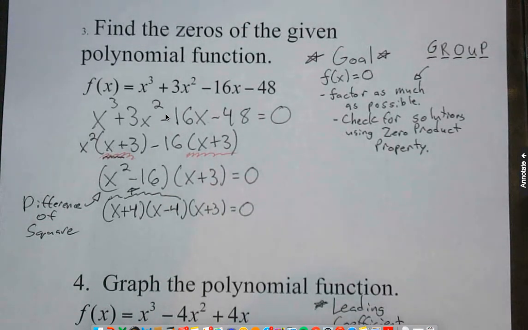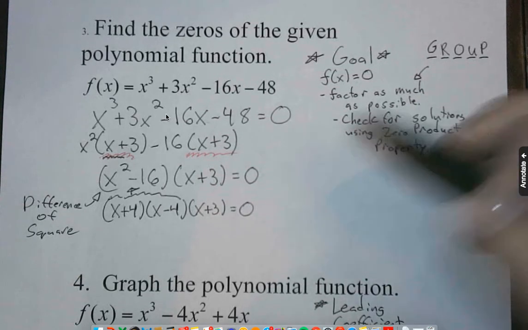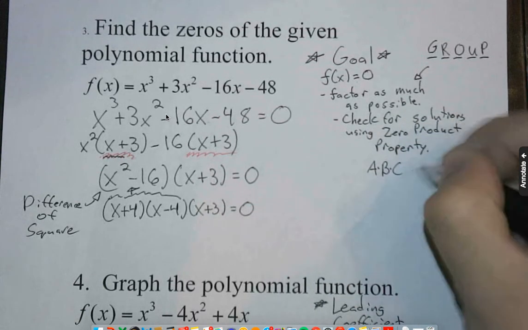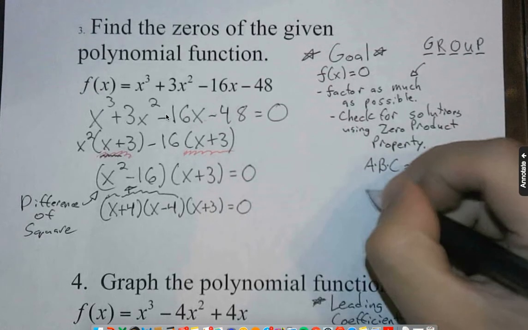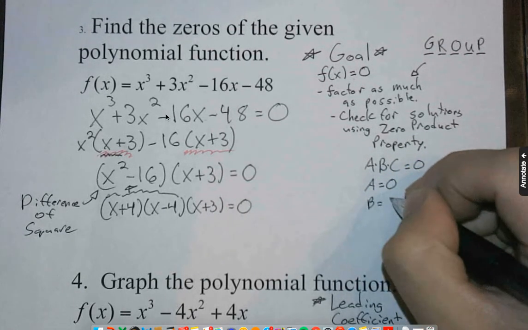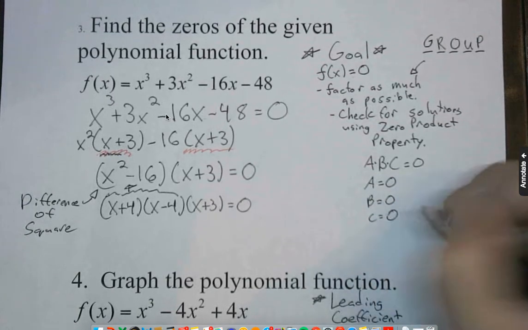And so now that we've factored as much as possible, we're checking for solutions using the zero product property, which says that if we have terms here multiplying and it equals 0, the first factor could be equal to 0, second factor could be equal to 0, third factor could be equal to 0.